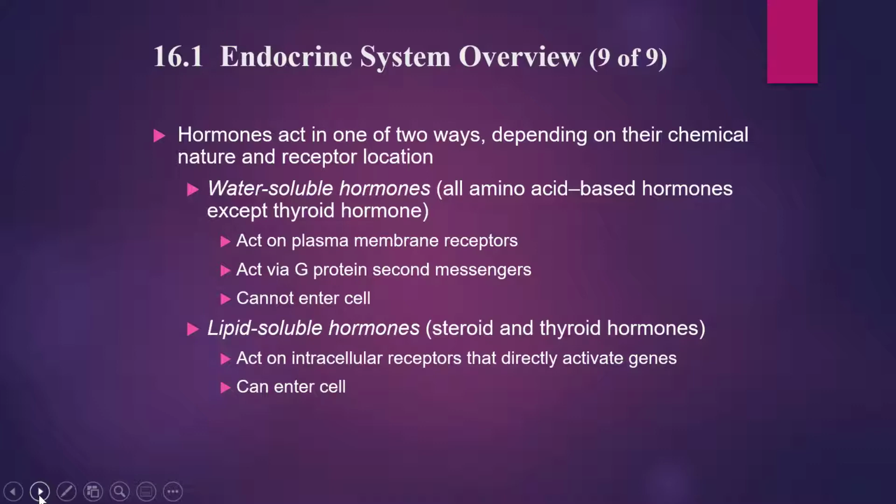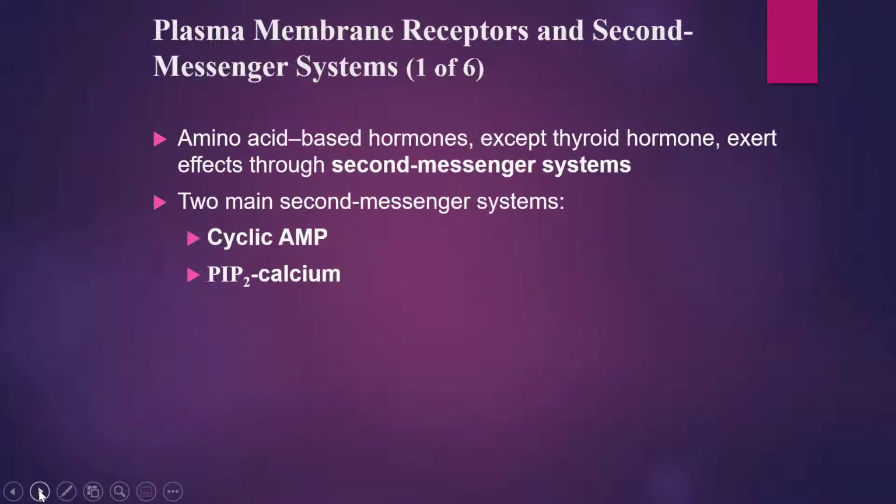Now, the lipid-soluble hormones, these will be your steroid and thyroid hormones, act on the intracellular receptors that directly activate a gene. So they can enter the cell, and there they are going to be meeting with their receptors inside the cell. So let's take a look at the second messenger system.